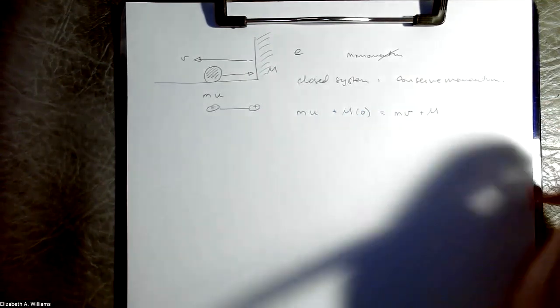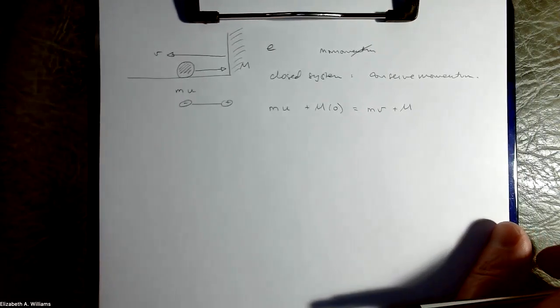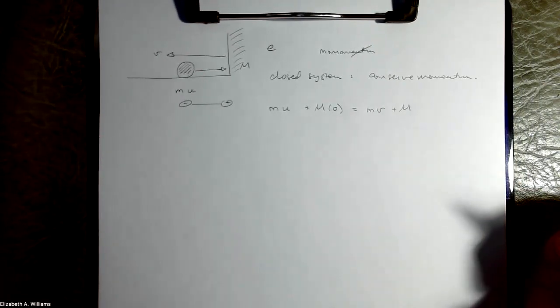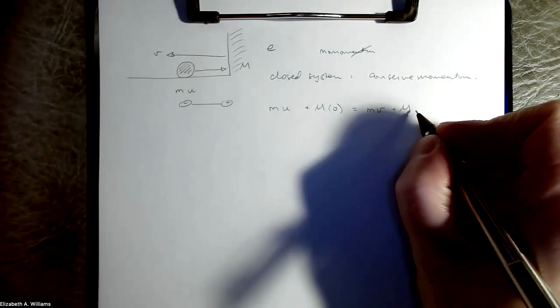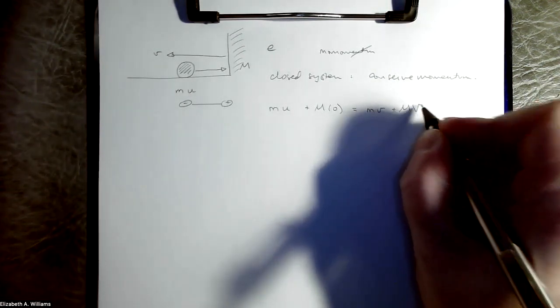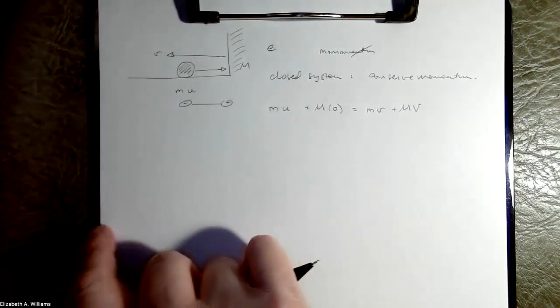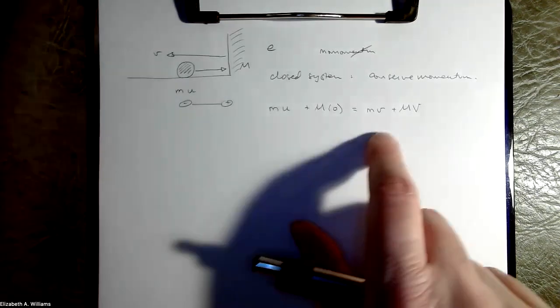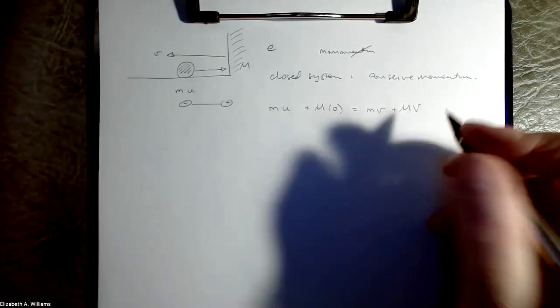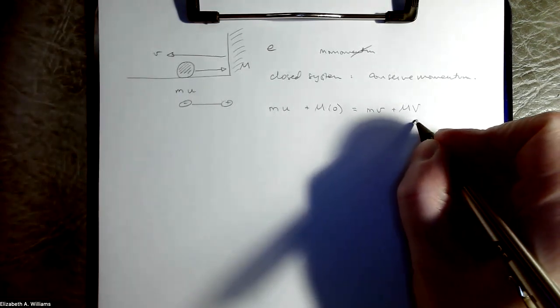Now, this is where I got hung up on it. You're going to have some, I'll use a capital V for the wall's velocity after the ball smacks into it. Now, we run into trouble if we say, well, the wall doesn't move, so its velocity is 0.